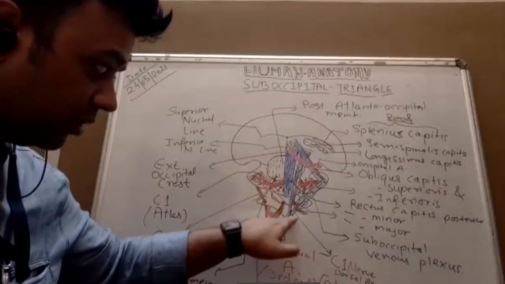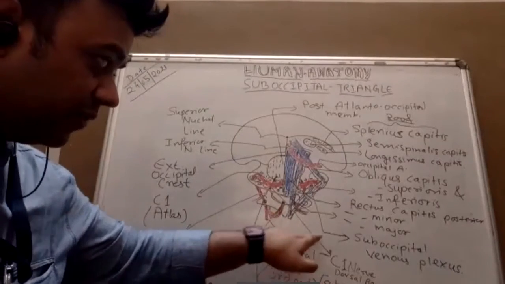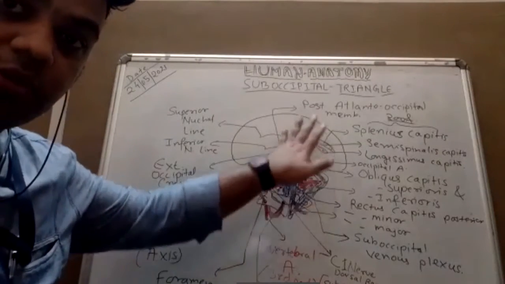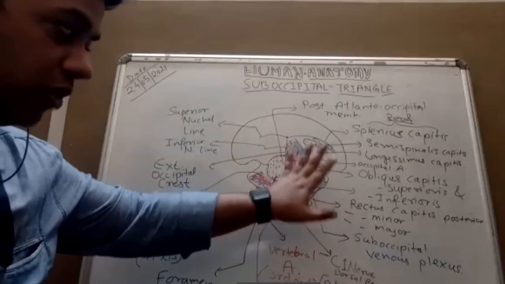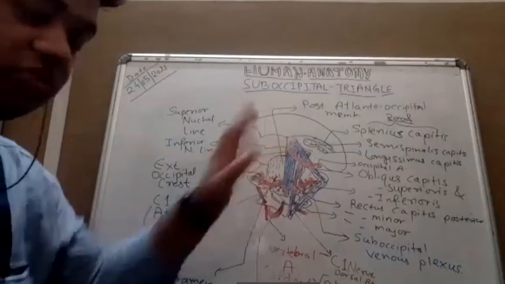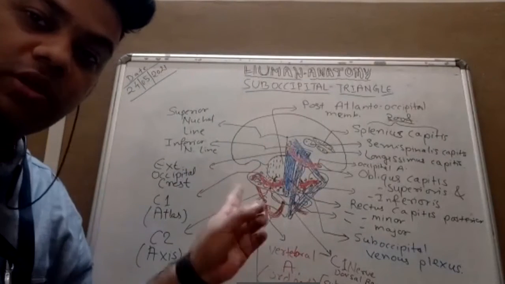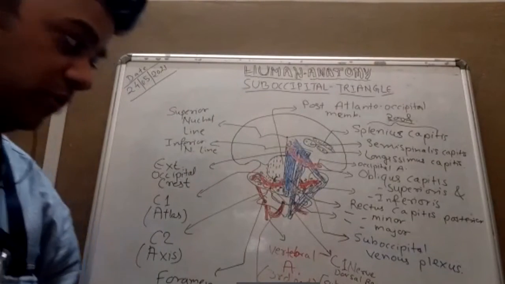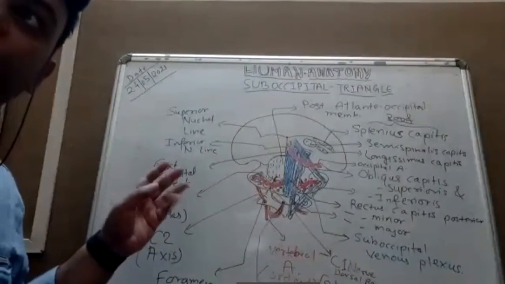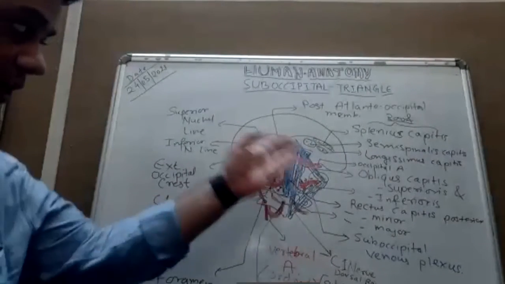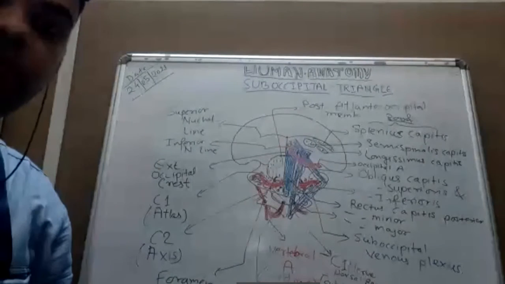The third occipital nerve arises from below the second cervical vertebra and runs along the muscle forming the roof of the suboccipital triangle. So the third occipital nerve will also be there. These are the main structures forming the boundaries, roof, floor, and contents related to the suboccipital triangle.